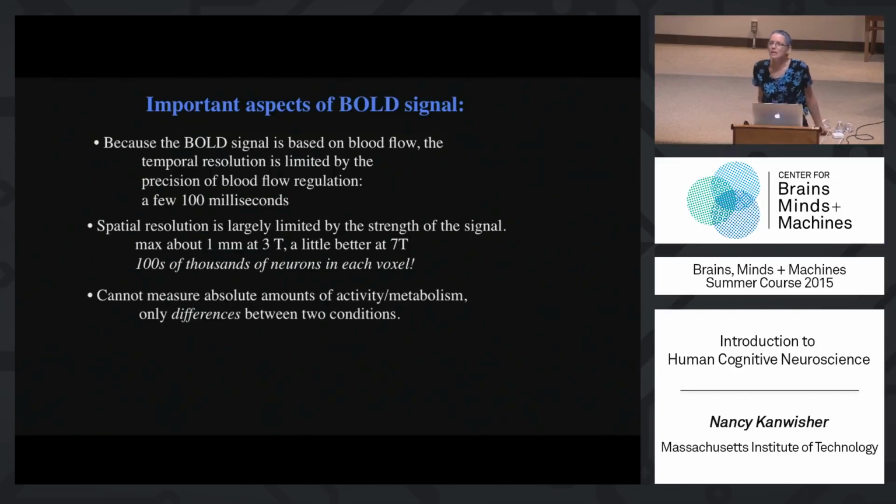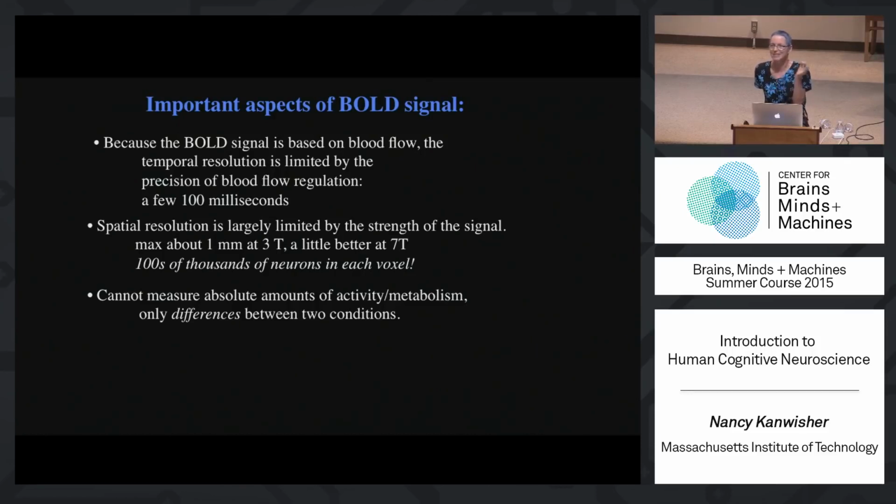The third important limit of functional MRI that comes out of just a consideration of what the method measures is that you can only really see differences between conditions with functional MRI. The magnitude of the MRI response in a voxel at a time point is meaningless. It might be 563, and that's all it means. Nothing, right? It means nothing.